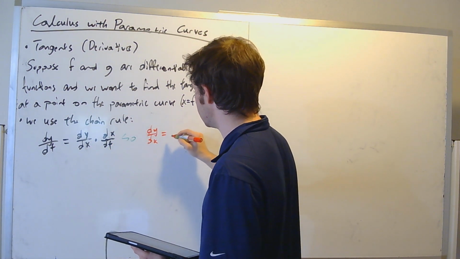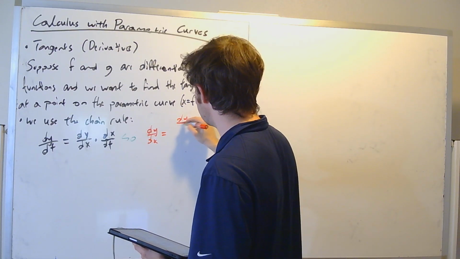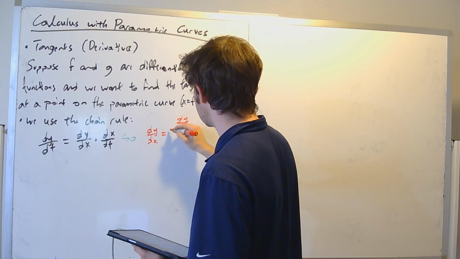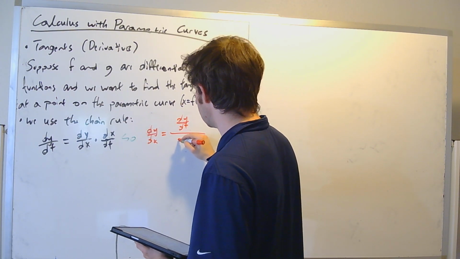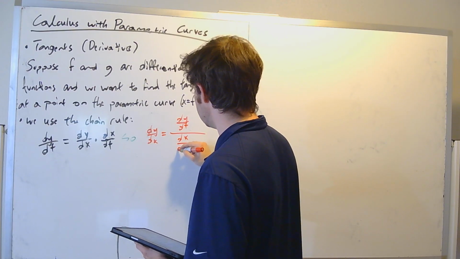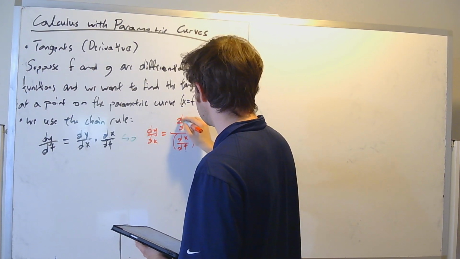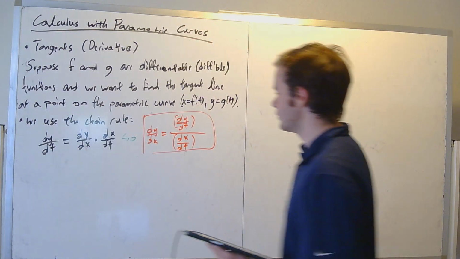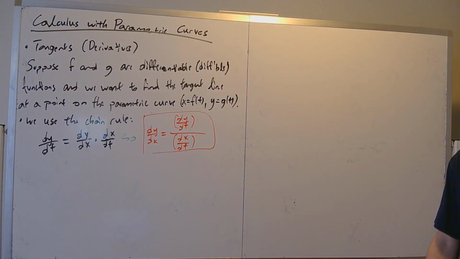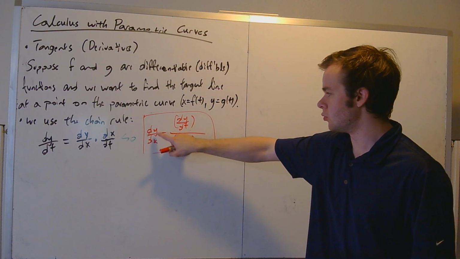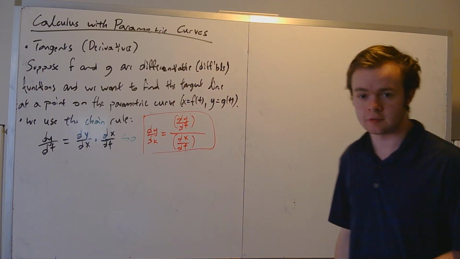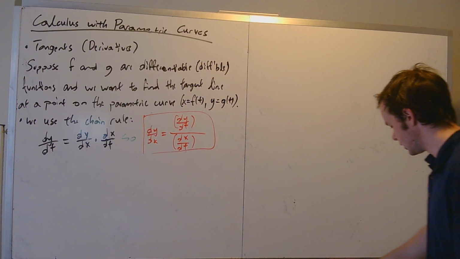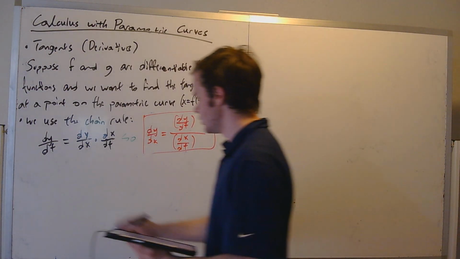If I do that, we're going to get dy by dt over dx by dt. Okay, so this is our equation right here. So if we need to figure out the derivative of y with respect to x, this is how we do it.